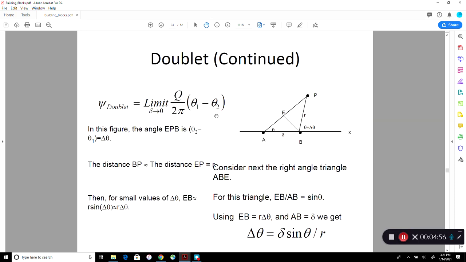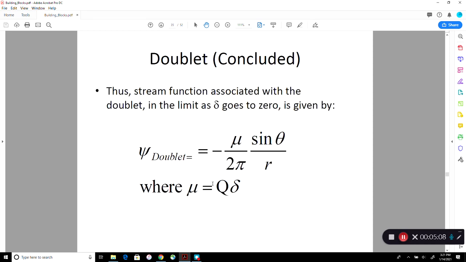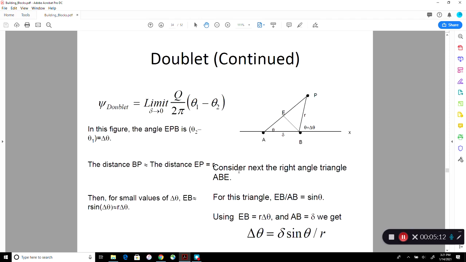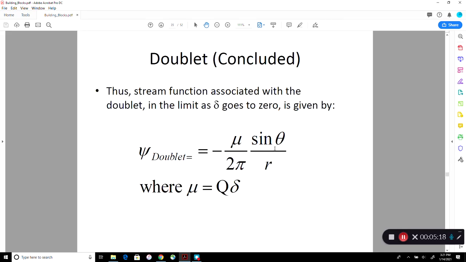Now, this has got a Q here. We pick up a delta from here, Q times delta. As the distance delta goes to 0, Q times delta approaches mu. Therefore, we get minus mu over 2 pi. The 2 pi is from here. Sine theta over r just carries on here.